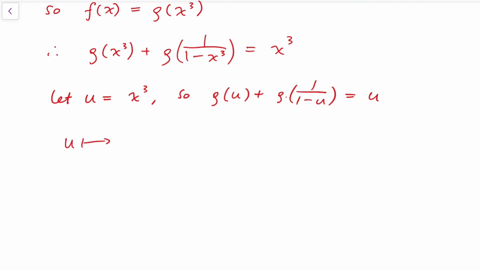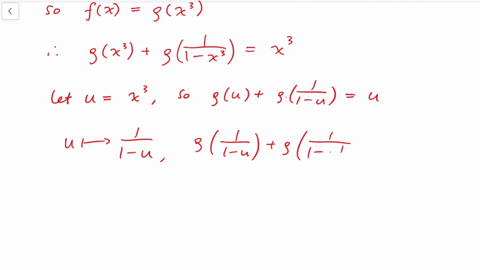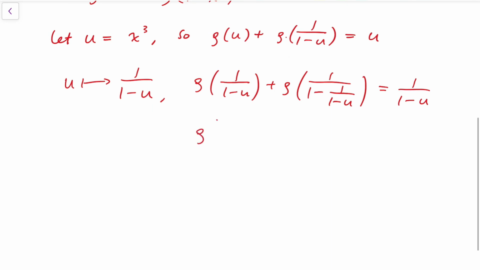Next, I'm going to replace u by 1 over 1 minus u. Then we have the first term just like the second term in the first equation, I mean the equation above. And then the other term will become 1 over 1 minus 1 over 1 minus u, and this equals 1 over 1 minus u.